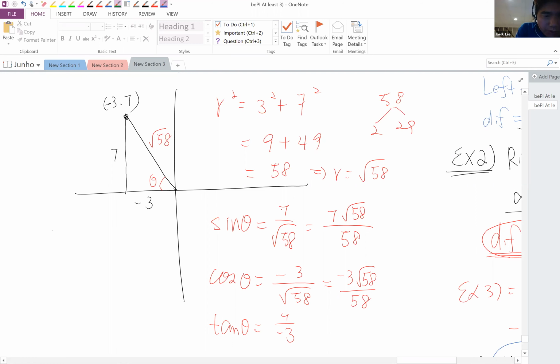Cosecant theta means you switch up and down. So root 58 over 7. And secant theta means root 58 over negative 3. And cotangent theta means negative 3 over 7 right there.